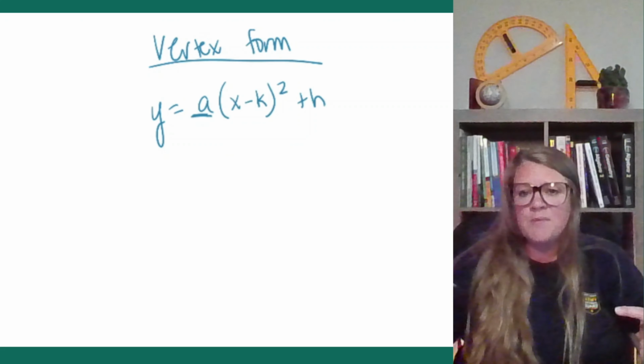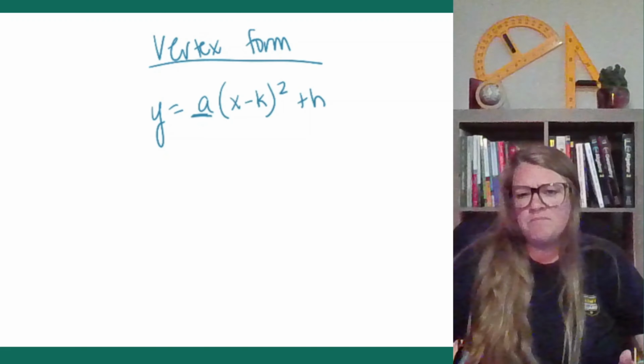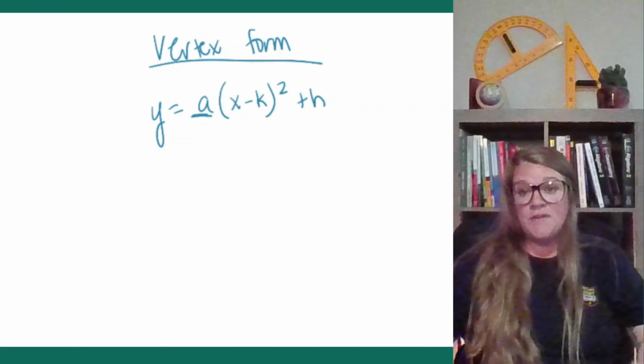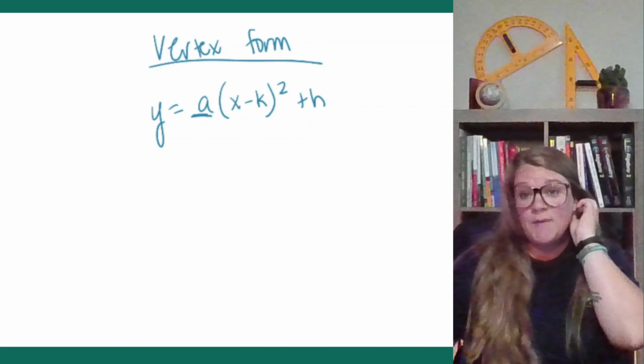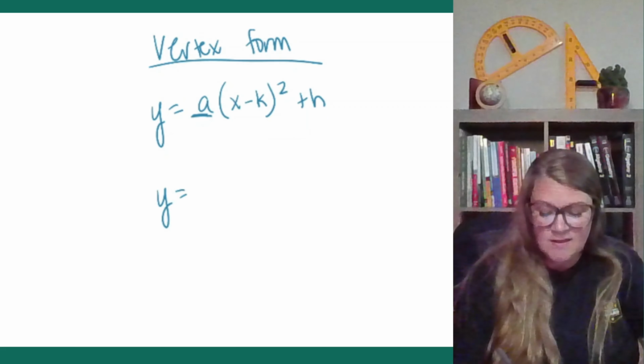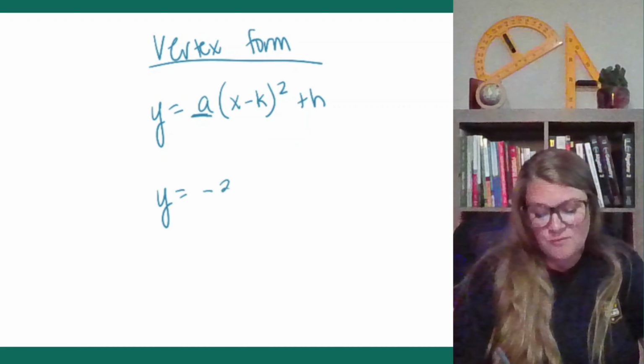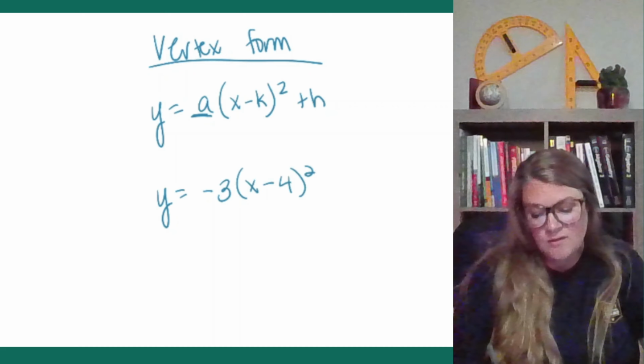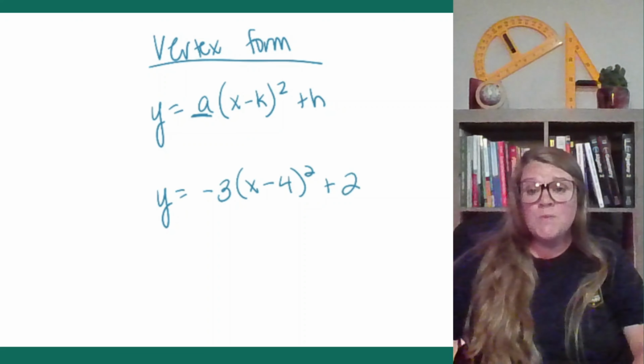And I'm going to put some numbers in here to make this make more sense, because I think that all these variables are very confusing. So another way of seeing that is minus 3 times x minus 4 squared plus 2. So here's one that has numbers in it.